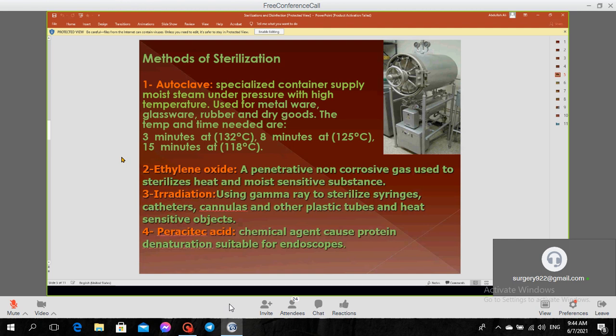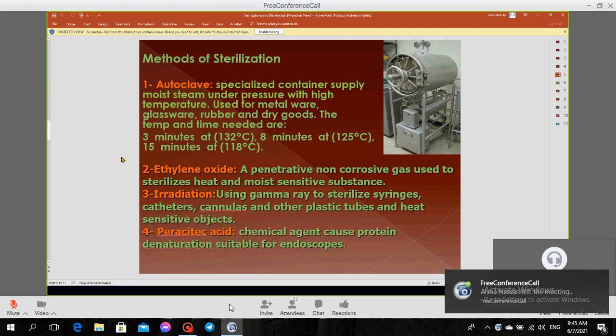We may use ethylene oxide, which is a penetrative, non-corrosive gas used to sterilize heat and moist-sensitive substances. Or we may use gamma ray irradiation to sterilize syringes, catheters, cannulas, and other plastic tubes and heat-sensitive subjects.